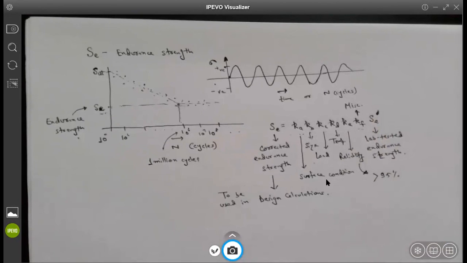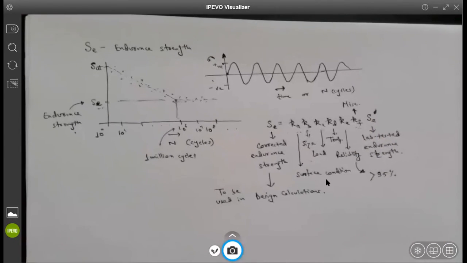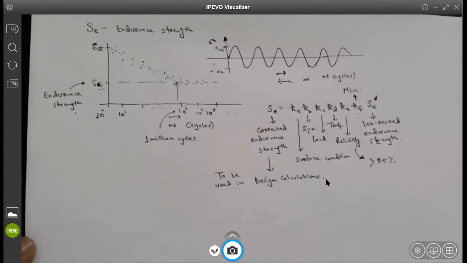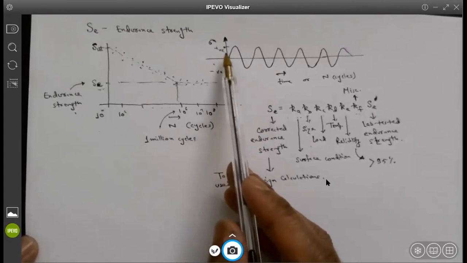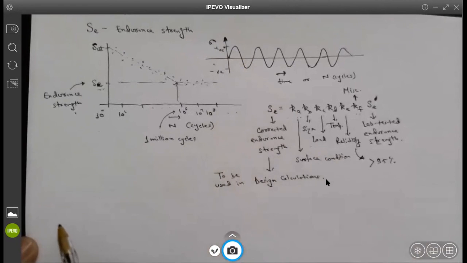So having said that, from here onwards, what we basically need to see is we need to characterize the fatigue load to find out what is the number of cycles to failure and what is the factor of safety.